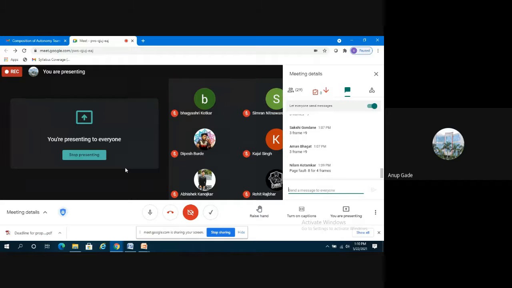Yes, number of page faults 8 for 4 frames. Whether everybody is getting the same answer? क्या सबको सेम आंसर मिल रहा है? Please confirm whether everybody is getting the similar number of page faults.